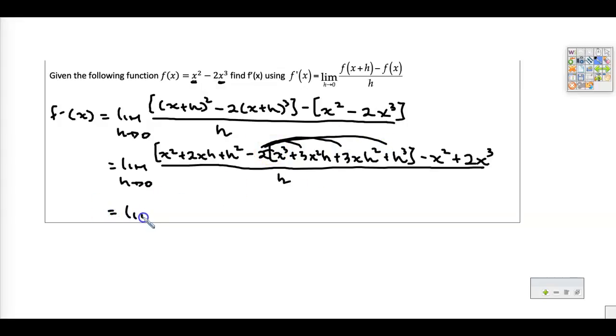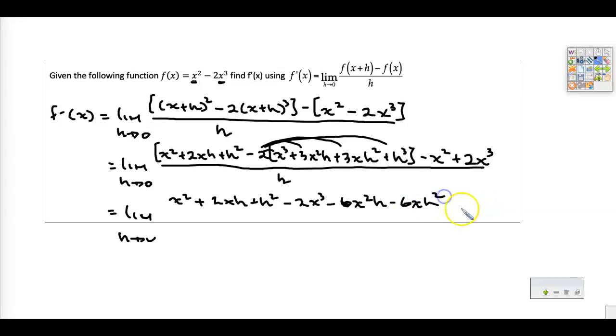So you have the limit as h approaches 0 of x squared plus 2xh plus h squared minus 2x to the third, minus 6x squared h, minus 6xh squared, minus 2h to the third, minus x squared plus 2x cubed.